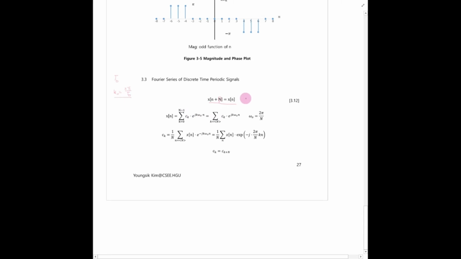In the discrete domain, it's the same. The period is N. That's why omega 0 is 2 pi over N. Okay, that's this one. Because this is a periodic signal, it can be expressed by the Fourier series expansion. But there is some difference from the continuous signal.